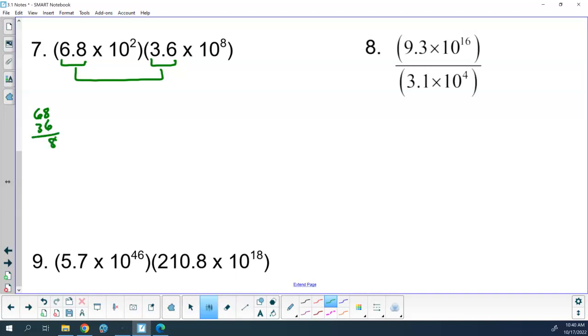Eight, carry the 4, 4, 0, 4, carry the 2, 20, I get 2,448. Yes? But because it's point there, it'd be 24.48.